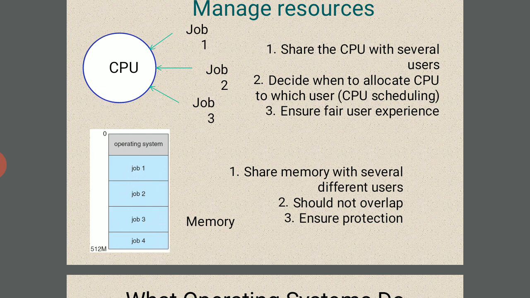The CPU decides which job to allocate to, which is CPU scheduling, and ensures a fair user experience. Scheduling means it receives job 1, job 2 and job 3. Without scheduling, the database received would fail, so scheduling is very important in the operating system. It receives the jobs in sequence order, ascending order.